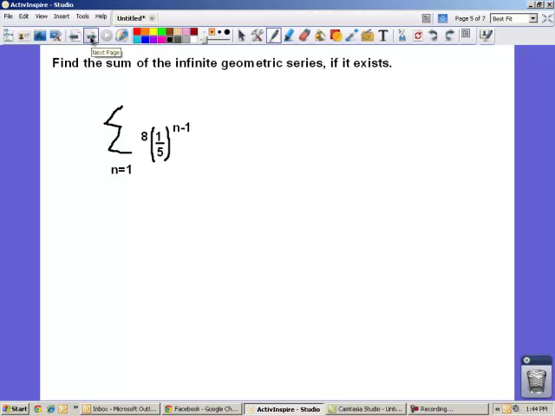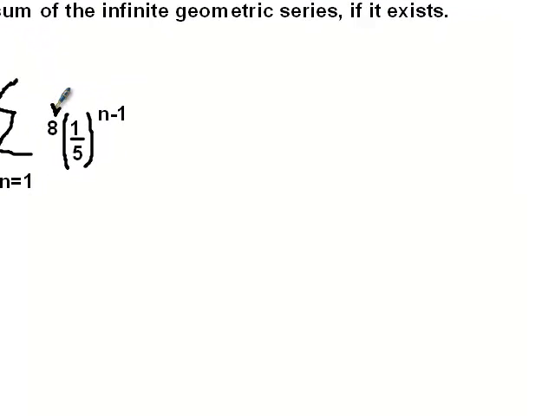So I'm going to jump right into an example. Notice how we do not have a number up here. This is infinite, so there will be no number up there at all. And remember, this 8 here is always going to be your A1, which is your first term, and the 1/5 will be your R. We're looking at the ratio.